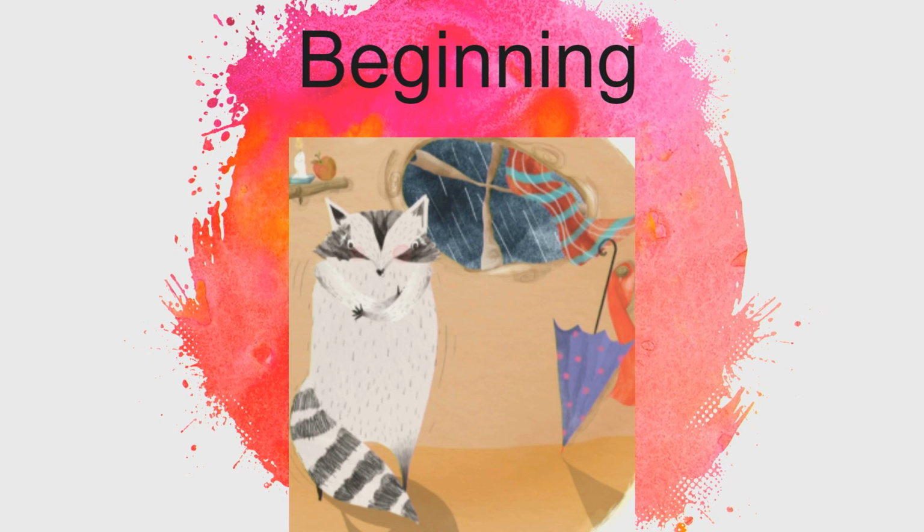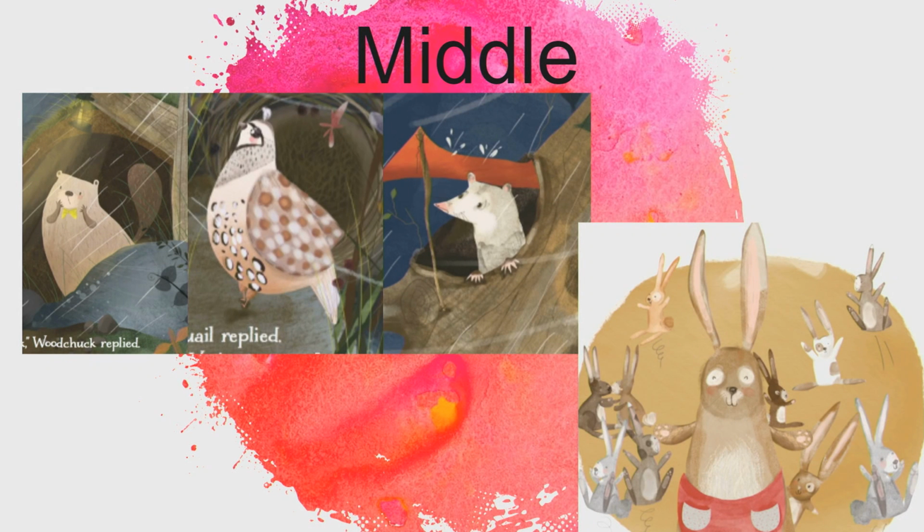All right, now we're going to go to the middle. During the middle of the story, Raccoon went to Otter's house, Quail's house, and Possum's house to ask if he could stay there. And then they said no, so he went to Rabbit's house.